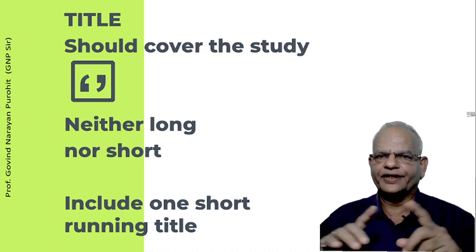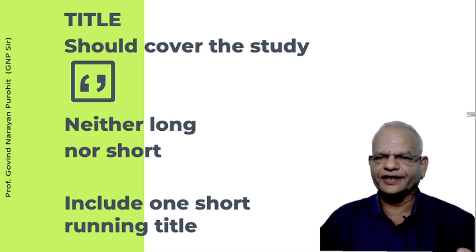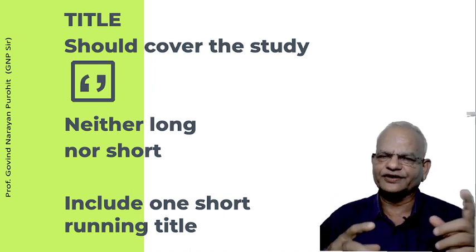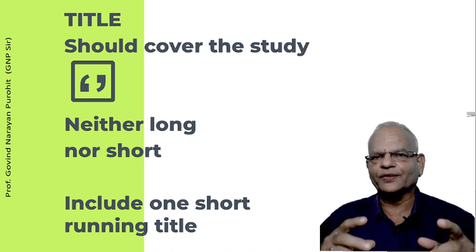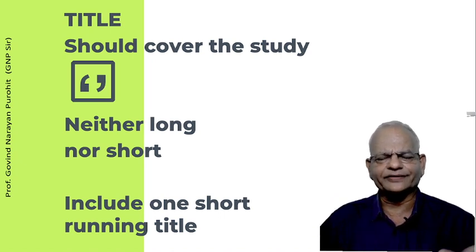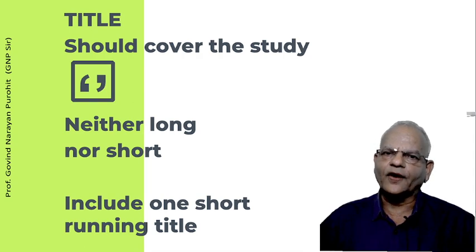And then the font of the title would depend on the style of the journal. Some journals require all capitals, others require the first letter capital, others require the first letter of every word capital. So you have to search the journal policy, look at a published article, or just refer to the author guidelines, right?